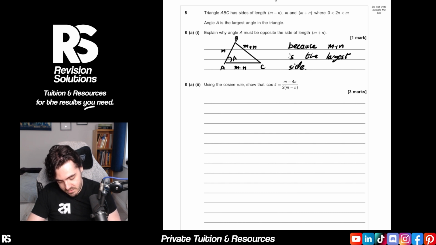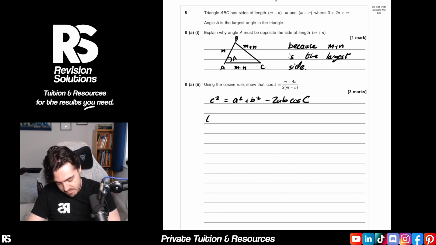So using the cosine rule, let's just state the cosine rule first. So c squared equals a squared plus b squared minus 2ab cosine C. The important thing to remember is that the C in this formula corresponds to an angle at a corresponding opposite side. So for us, we want to think about A and the side opposite that, which is m plus n.